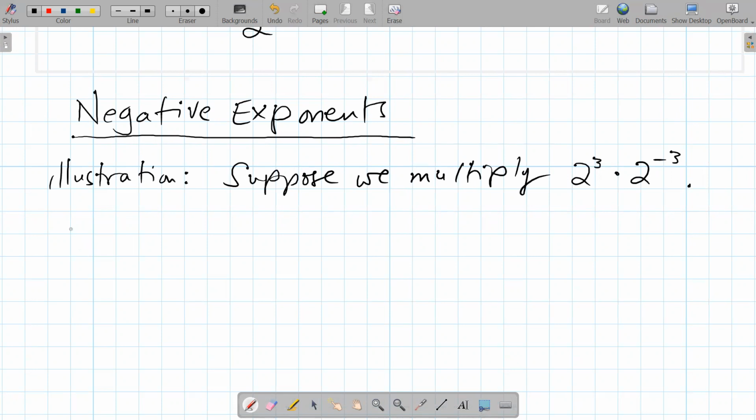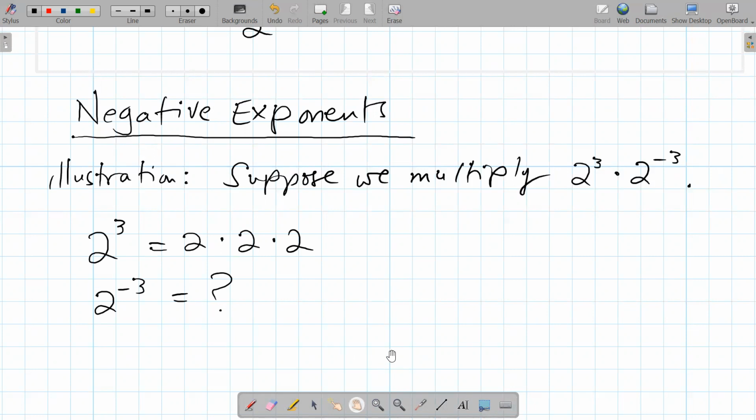So we know that if I have 2 to the 3rd power, this is basically 2 times 2 times 2. The 3 tells me how many times I got to multiply the 2 by itself. And this 2 to the negative 3, let's assume that we don't know that yet.